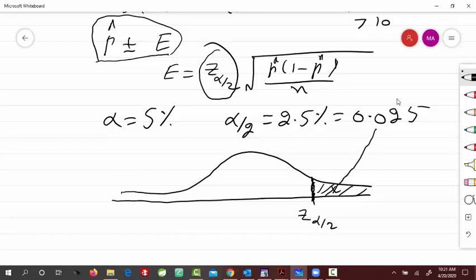So if the area on this side is 0.025 or 2.5%, then the area on the other side would be 97.5%, the remaining, or 1 minus 0.025.